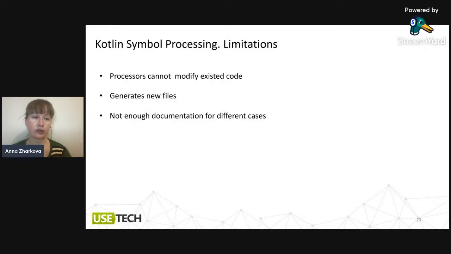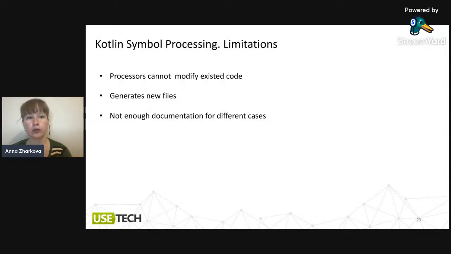But there are several limitations when working with Kotlin Symbol Processing. When we work with annotations, for example, when we used annotations for several purposes in Java, or maybe in Kotlin with annotation processing, but not with Kotlin Symbol Processing, we used annotations for different purposes.